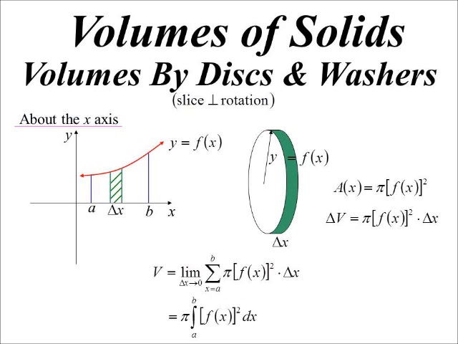So when I sum them all up and let the thickness approach 0, I get the integral. Now, pi, of course, is a constant, so I can bring that to the front. And what we saw in two-unit, we didn't say function of x squared, we said y squared dx.